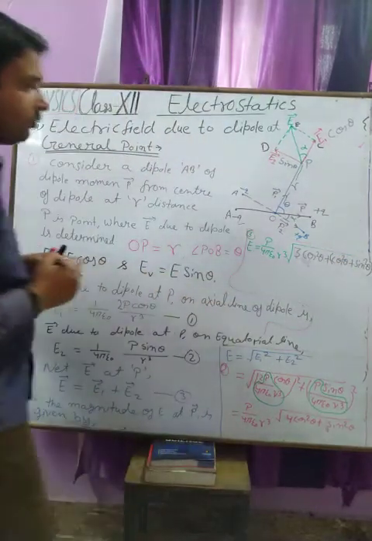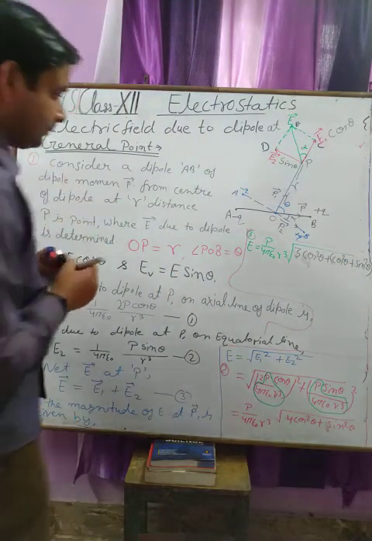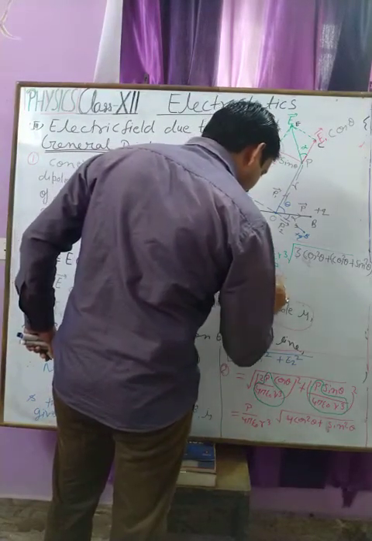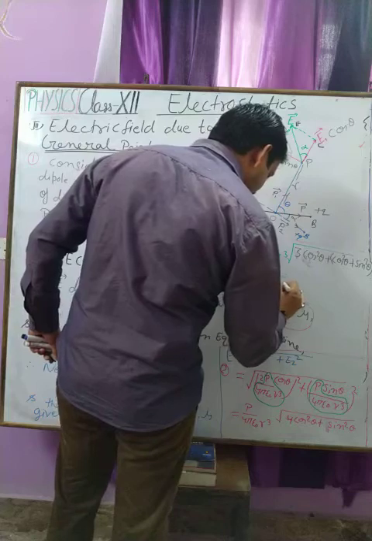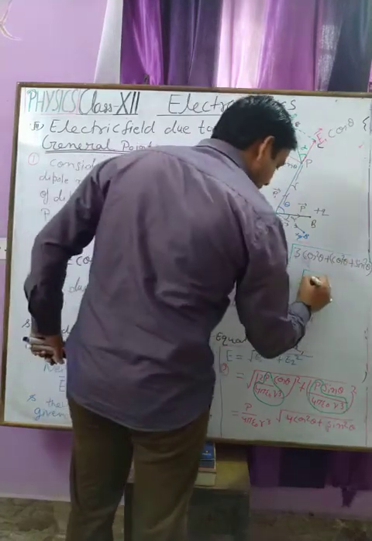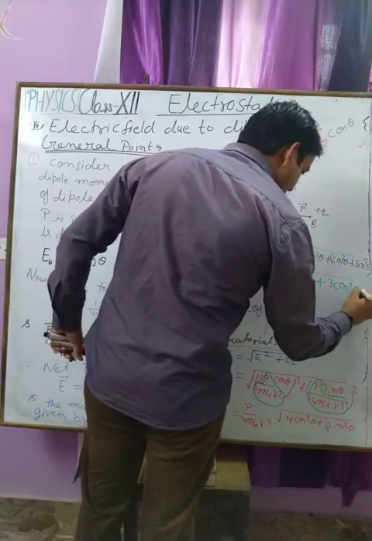Student, you all know the value of cos square theta plus sin square theta is 1. Therefore, p upon 4 pi epsilon naught r cube, under root, this value becomes 1 plus 3 cos square theta.